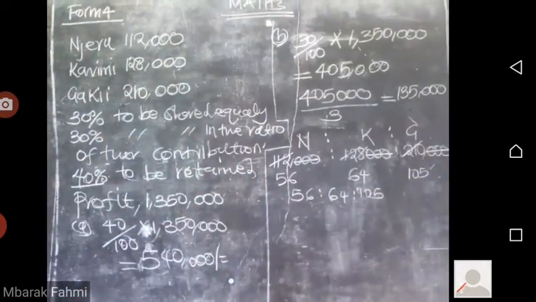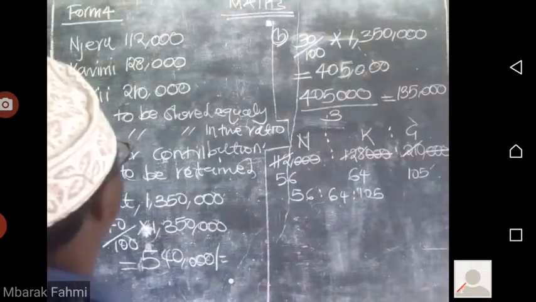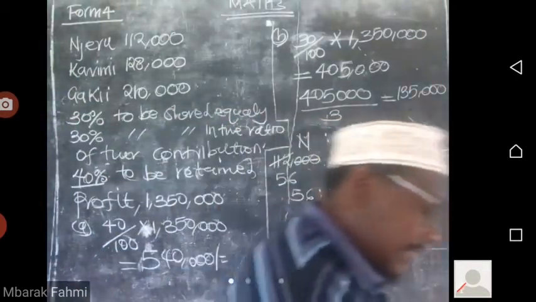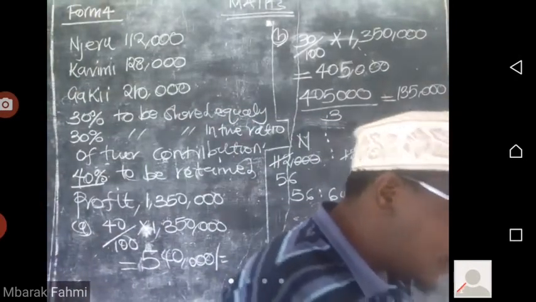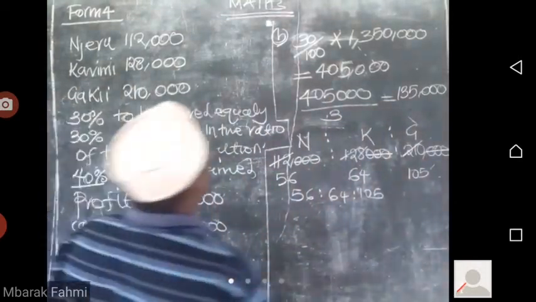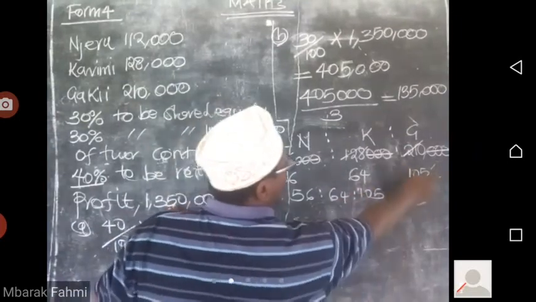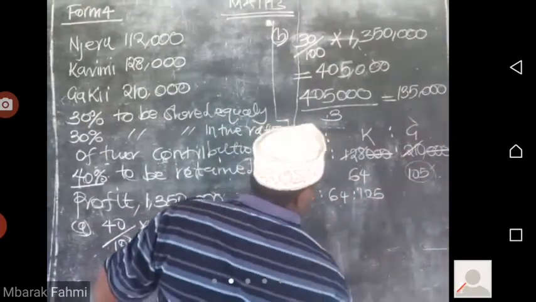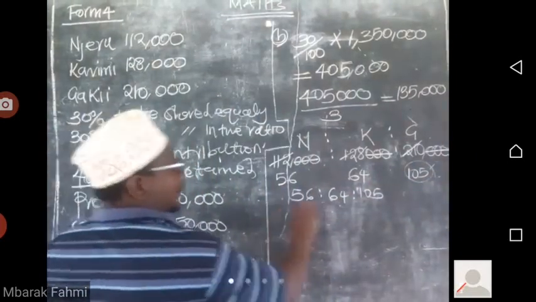So the ratio of their contribution, we are looking for the difference between the amount received by Gaki and Njeru. Gaki from the ratio is supposed to receive 105 out of the total.